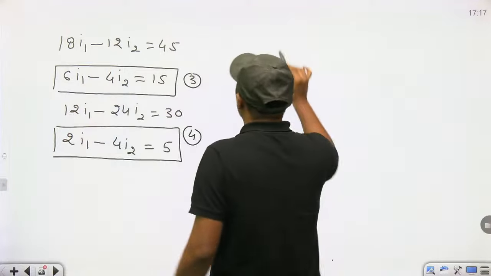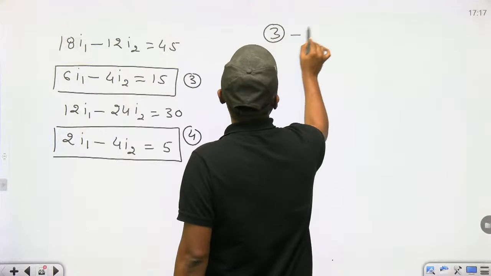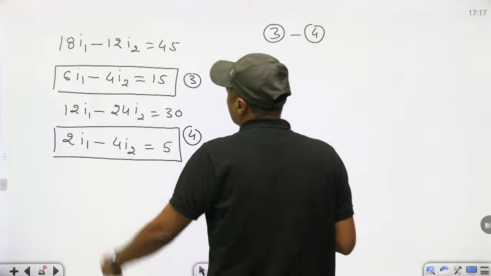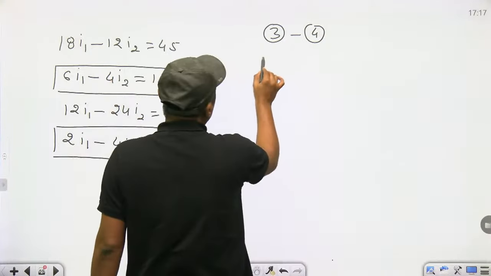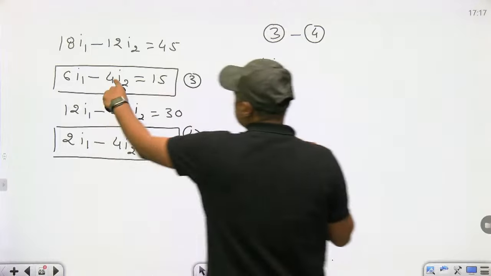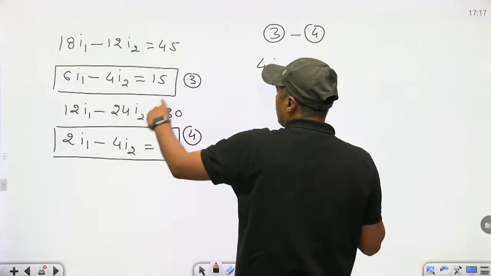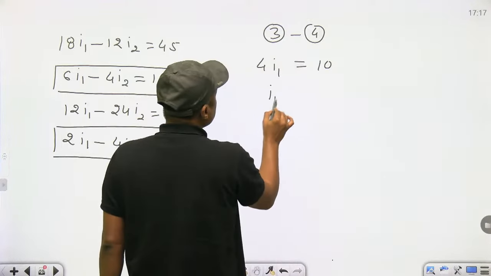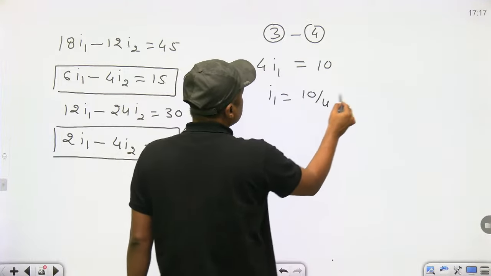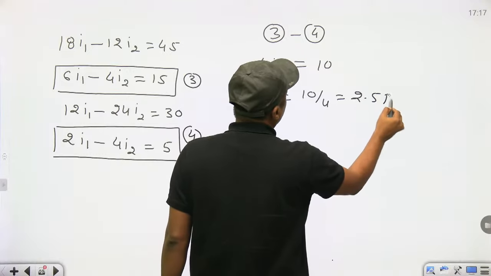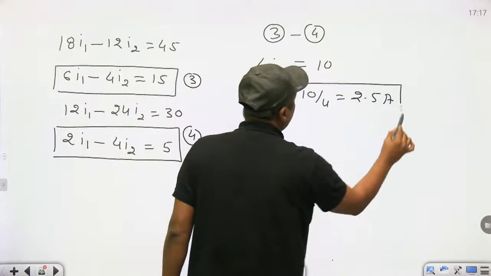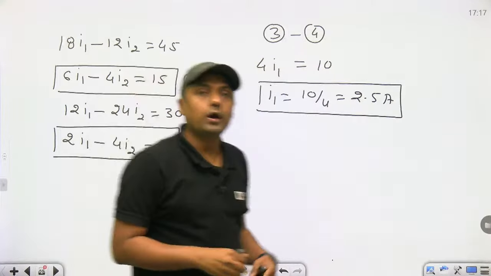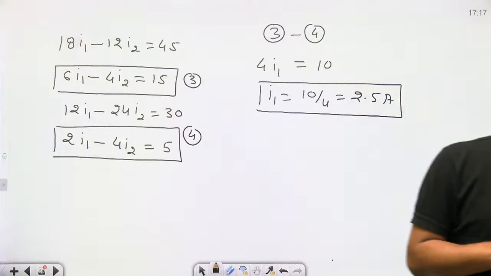Equation 3 minus equation 4. So 6 minus 2, that will become 4 I1. And this term and that term cancel out. 15 minus 5, that is equal to 10. This is called the elimination method. So 10 by 4, that is equal to 2.5 ampere. How many students are getting this answer? 2.5 ampere. Bhanu, your answer is correct.